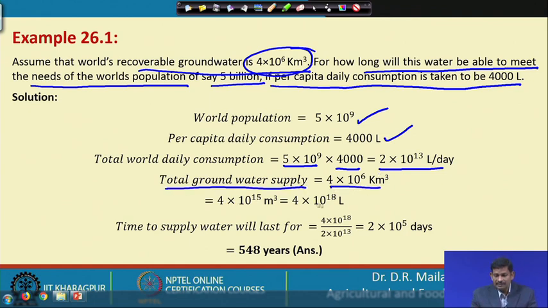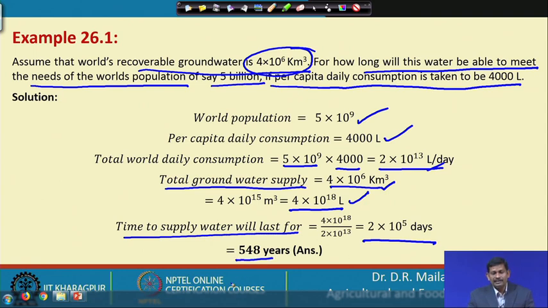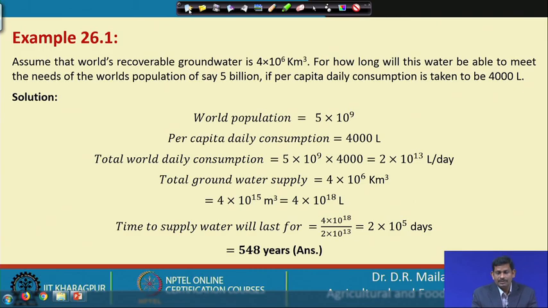You convert that into liters, and divide this by this, you get 2 into 10 power 5 days. You convert that, and it takes 548 years to deplete or utilize the entire water reserve for the 5 billion population.